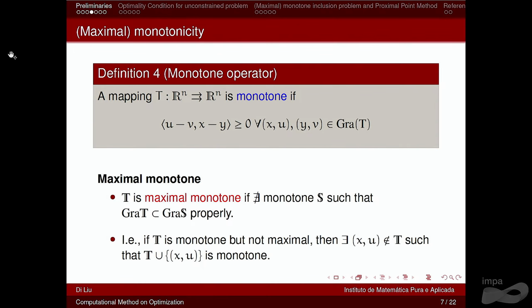Actually, it's a kind of generalization of the monotone function in one dimension, okay? So if you assume that this mapping is single valued, okay, you can use that the inner product of Tx minus Ty with x minus y is greater than or equal to 0 for any x and y belonging to the domain or belonging to Rn, okay?